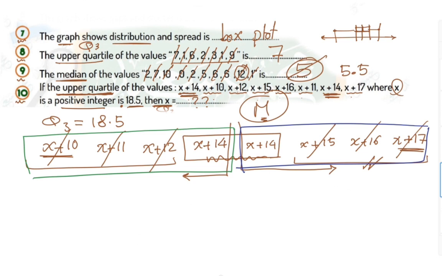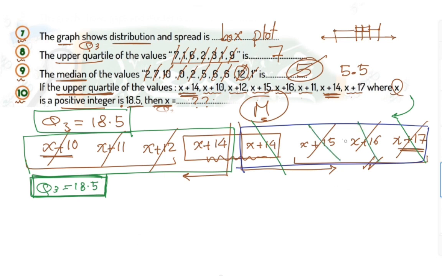Okay, now we're talking about Q3, and Q3 equals 18.5. Don't forget this data, okay? To find the Q3, I will look here to the right pen, the greatest one. Now, if you delete one from right, one from left, one from right, one from left, I have nothing here, so I will take the middle two values, adding them together divided by 2 will give me Q3.